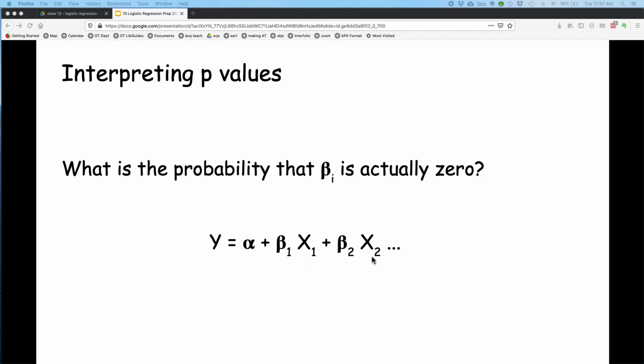The p-value we get is actually the same between linear and logistic regression. The p-value is talking about what is the probability that this beta is actually 0, that this has no effect on, in this case, the log odds of this being true.